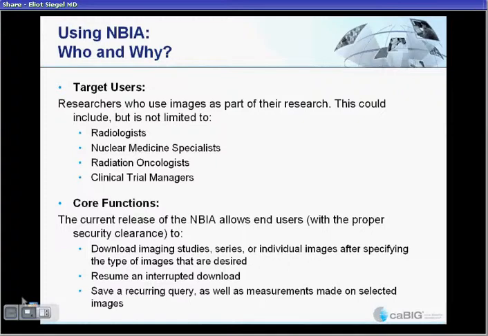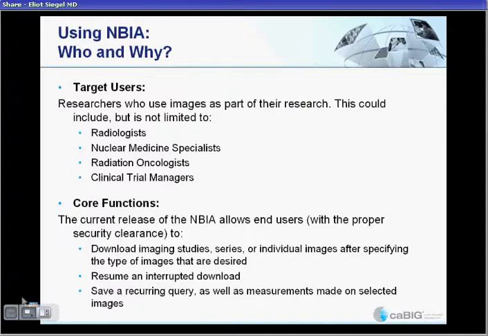With regard to core functions, the current release of NBIA allows users with the proper security clearance, because it does employ role-based security, to be able to download imaging studies or series or individual images after specifying the type of images that are desired.